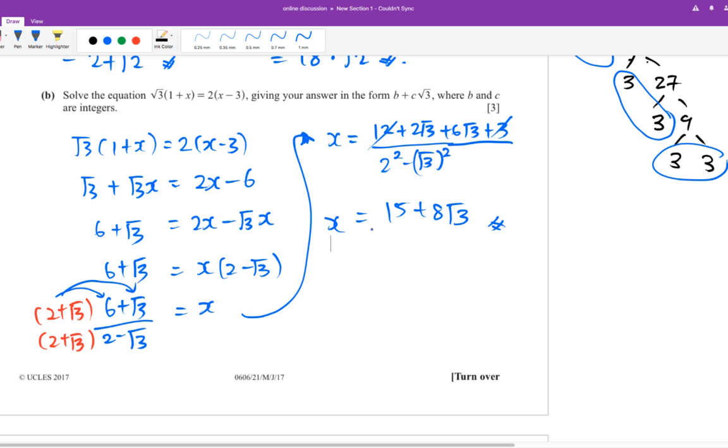So this is how we do this kind of surd question. And this process, we call it rationalize. Just for students who do not know which past year this is, it is 2017 May June, and the variant is 2-1. I hope you get it.